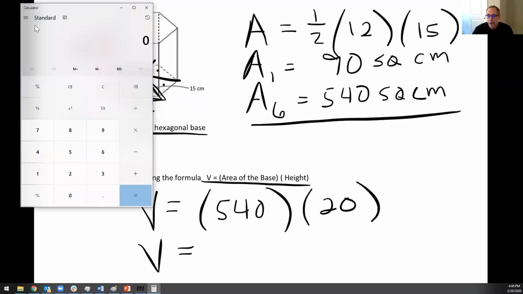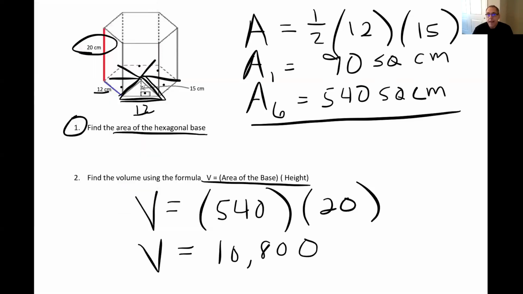And here we go. 540 times 20 equals 10,800. Thank you to Mr. Calculator. That's 540 times 20, and that is the volume of this hexagonal prism.